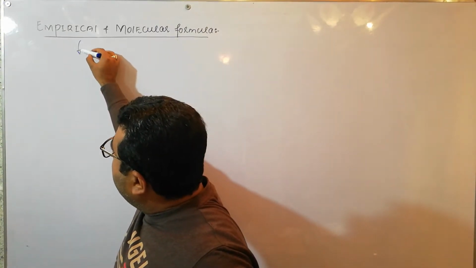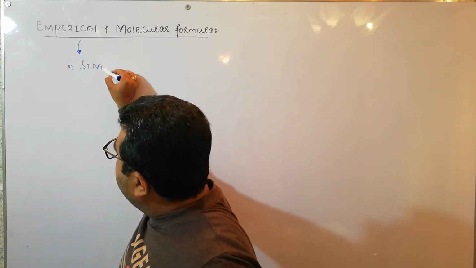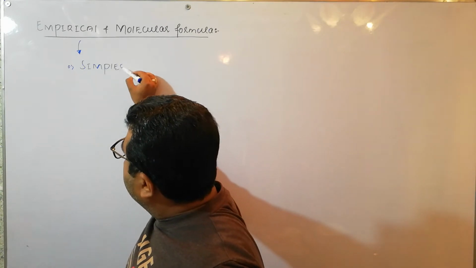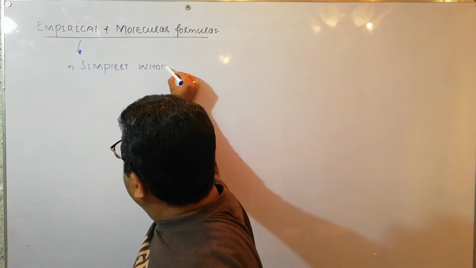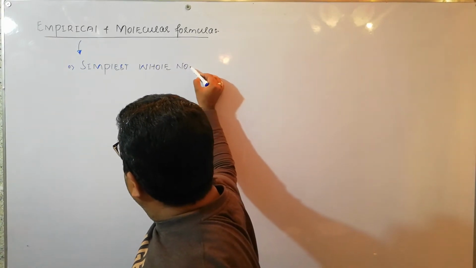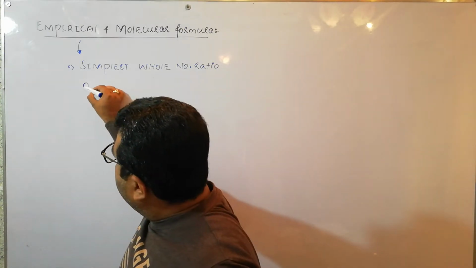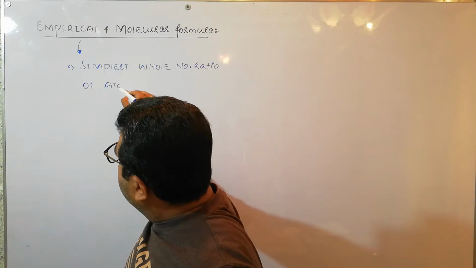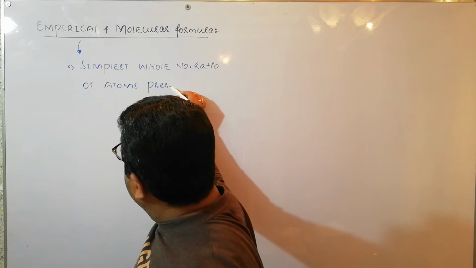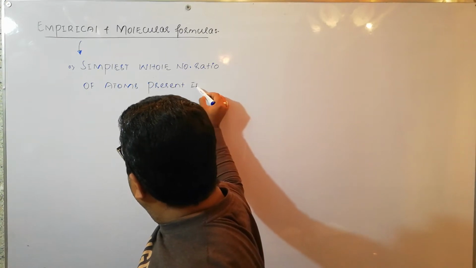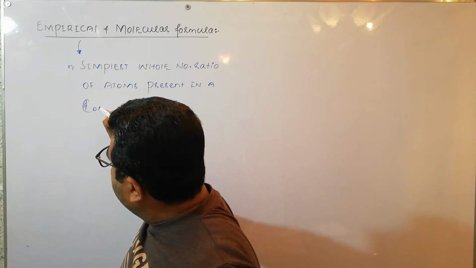Empirical formula is the formula which shows the simplest whole number ratio of atoms present in a compound.